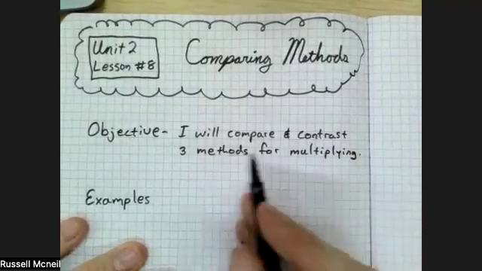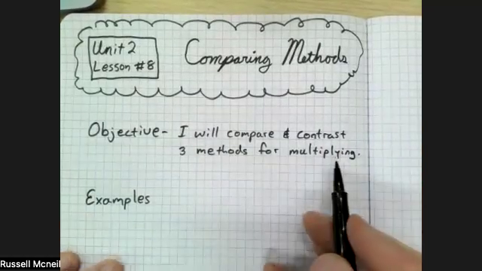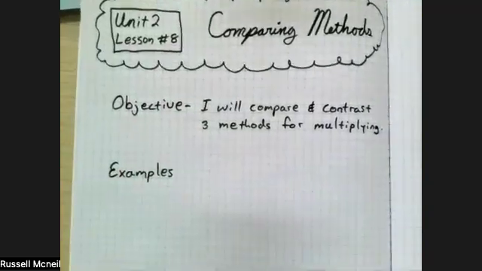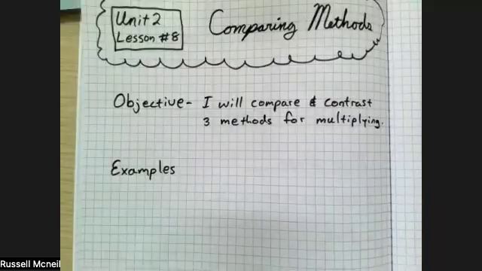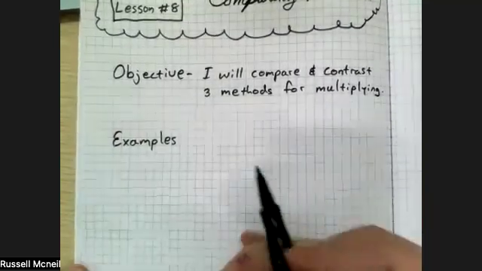Read it with me. I will compare and contrast three methods for multiplying. Now, our examples, we're just going to have three methods. We'll do a quick review of those methods, and then most of today will be practice review.